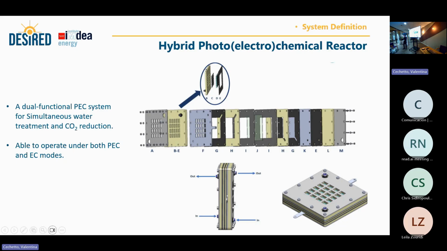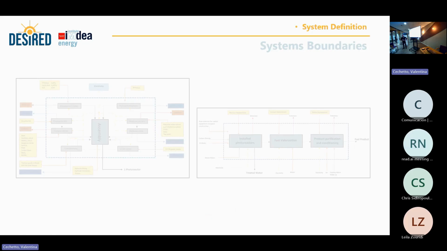When working in photoelectrochemical mode, it needs light from the sun, so the availability of the system is limited to sunlight. But when you change to the electrochemical mode, by getting some extra electricity from the grid, it is able to keep the system operating. So it gives us full availability.